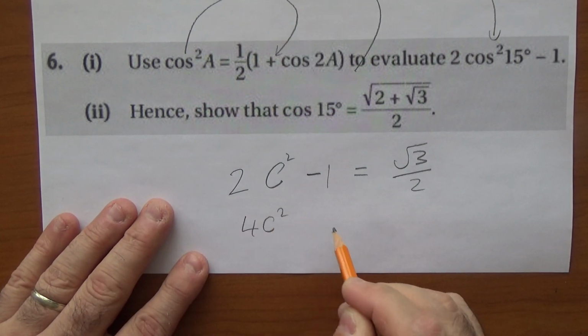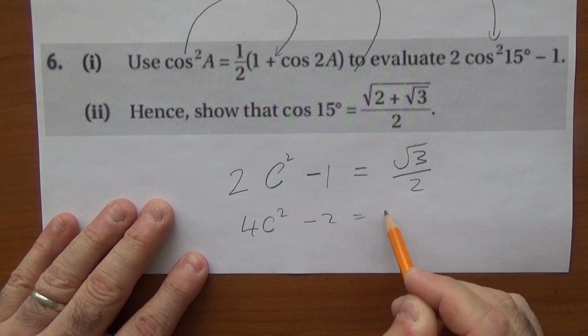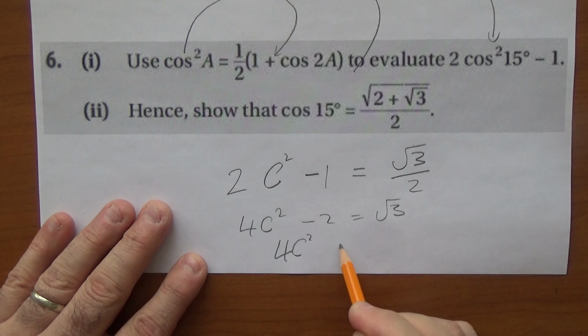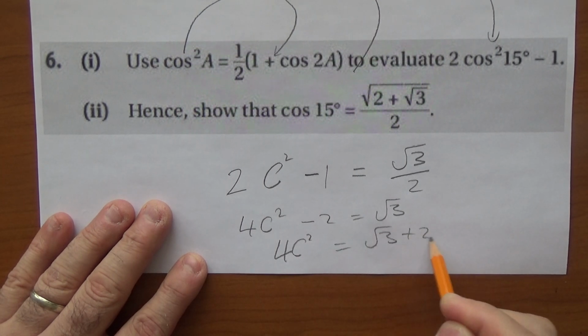4c squared minus 2 equals root 3. 4c squared equals root 3 plus 2.